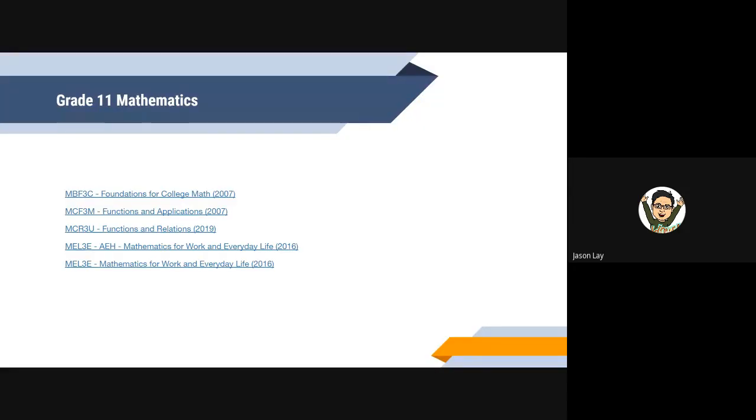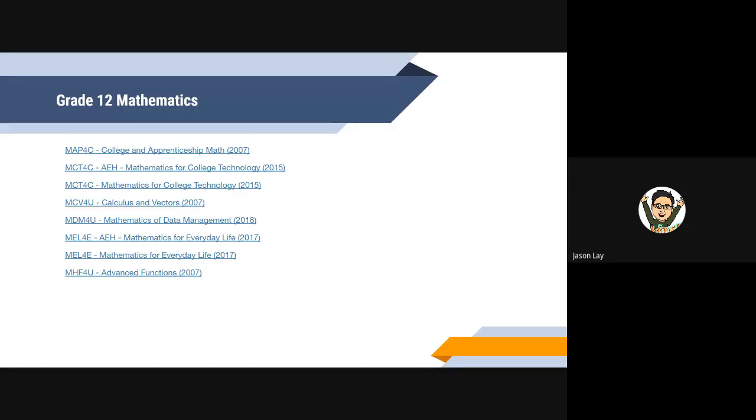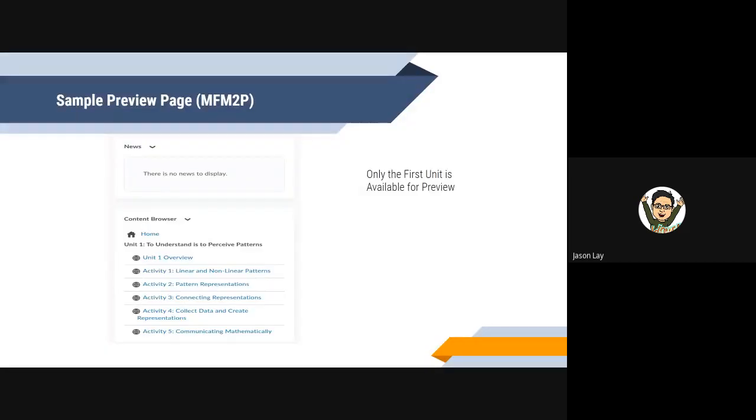It also has the grade 11 math courses, including college and academic courses, and then the grade 12 U course, grade 12 college courses, and also the E course for math too. And so this is a sample preview page. Earlier in the slide I showed you how you can take a look at the preview.